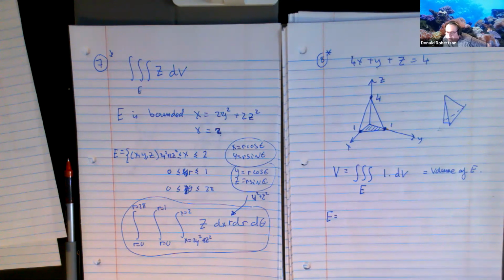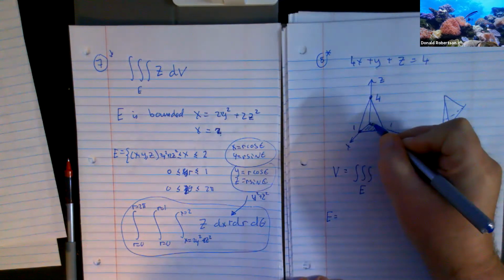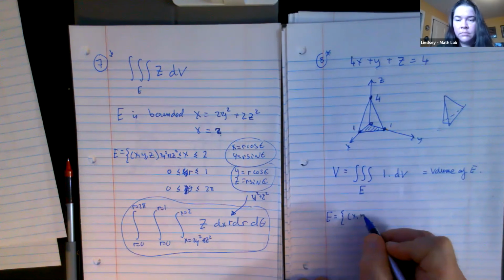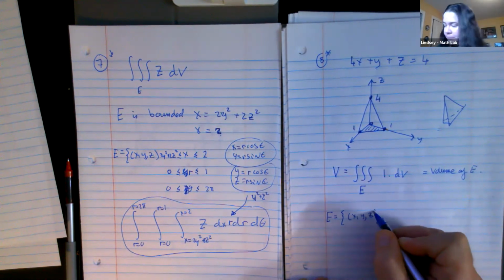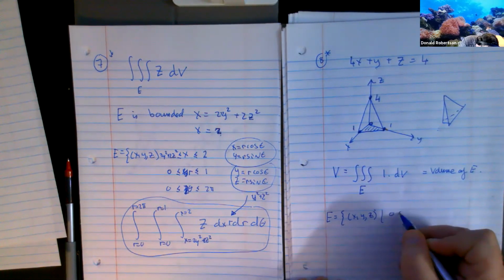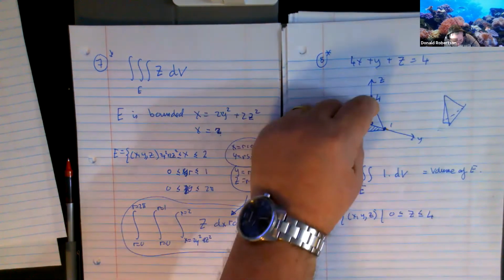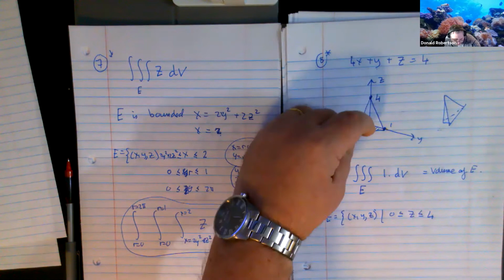And the triangle is going to be the guy that's going to get me the X and the Y restrictions. In this shape, Z starts at 0 and finishes at 4. So that was where I got the Z's from. In this region, doesn't Z start at 0 and finish at 4?